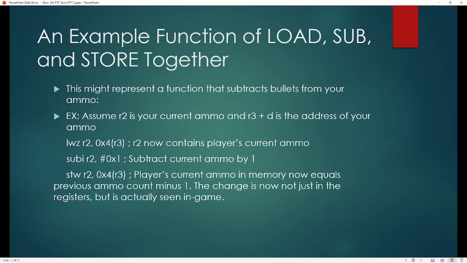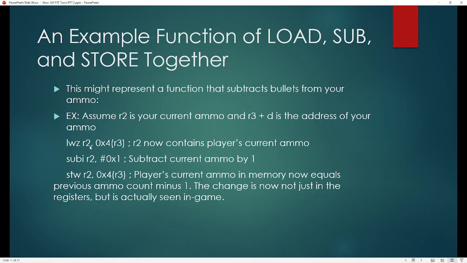Okay, so to make sense of all that garbage I just told you, let's put load, sub, and store together. This might be a function that subtracts bullets from your ammo. Assume R2 is your current ammo in game, and R3 plus D is the address of your ammo. So this instruction loads the current value stored at your ammo address into R2.